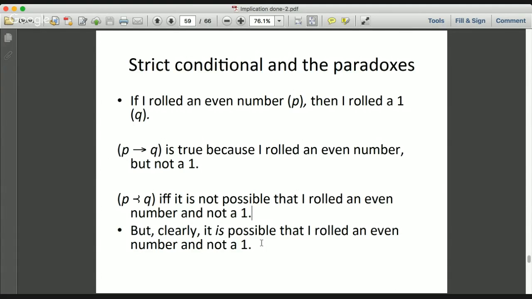Because it is possible that I rolled an even number and not a 1, it would come out as being if P then Q is true. Does that make sense? It doesn't make sense really, does it?